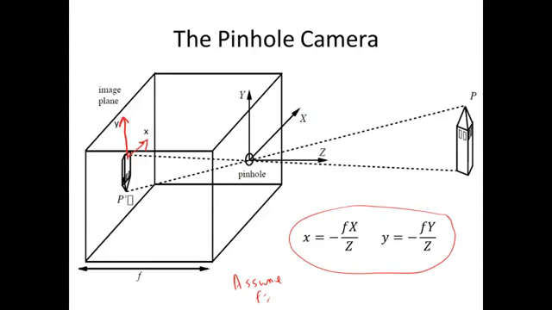Assume f is equal to 1, and why is that allowed? We can just measure everything in units of focal length. So then the equations will become x equals uppercase X divided by Z, and little y is uppercase Y divided by Z. So those are straightforward, simplified versions of the equations for the pinhole camera model of perspective projection.